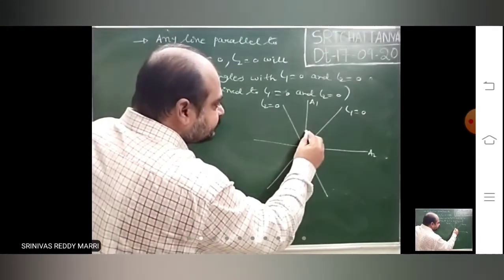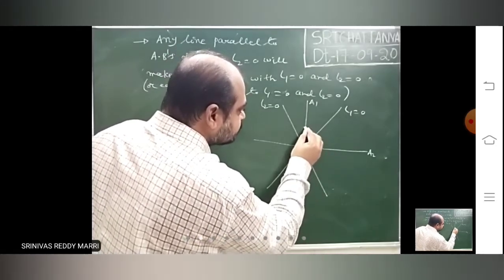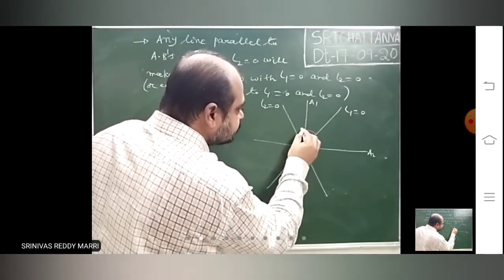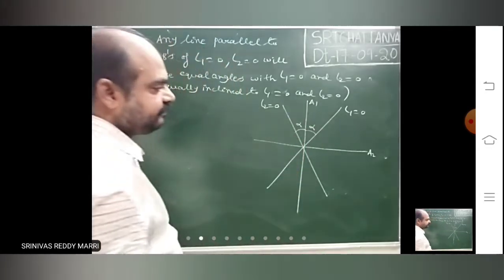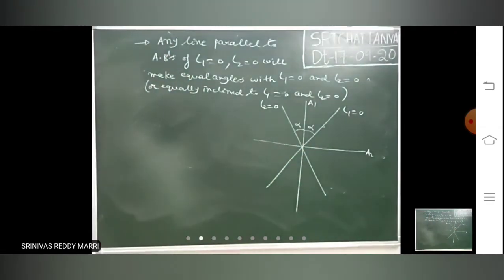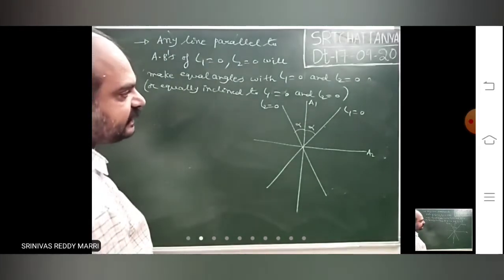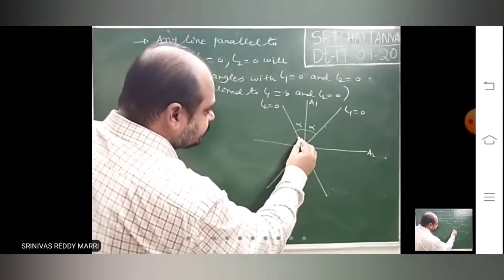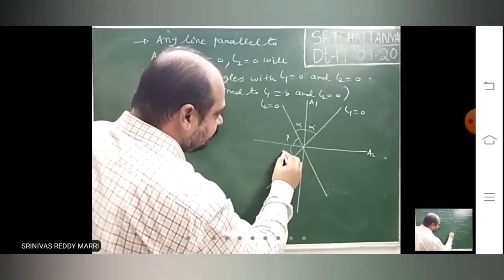So this angular bisector A1 makes equal angles with L1 and L2 equal to 0. Let us say this is alpha, right? This A2 also makes equal angles. Let us say this is beta, right?